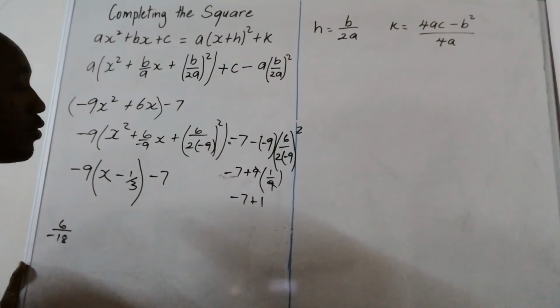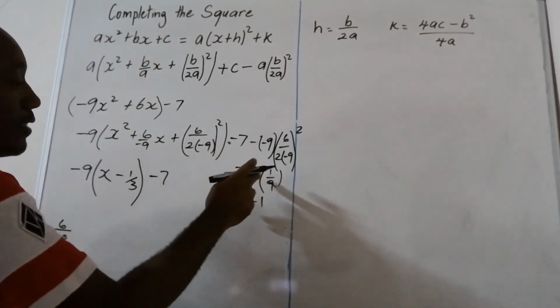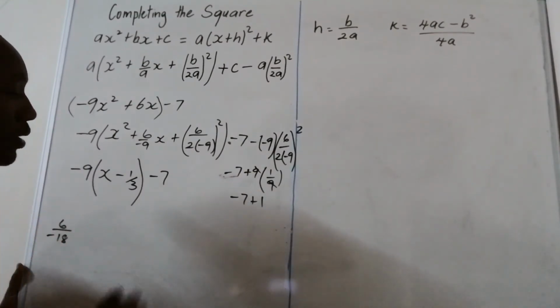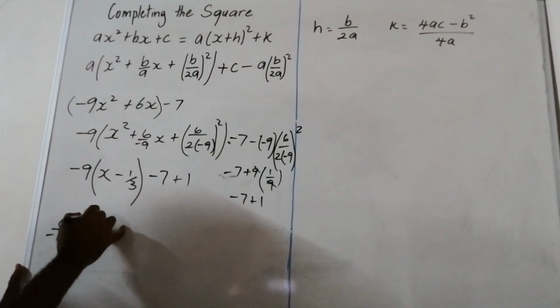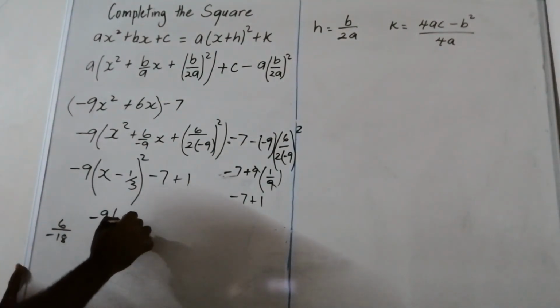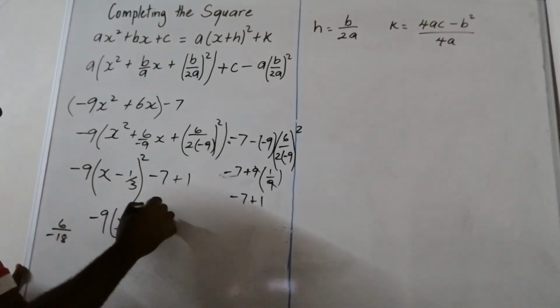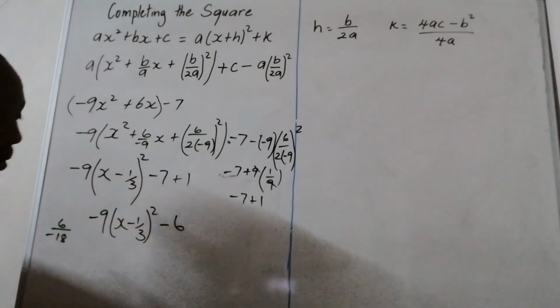We square negative 1/3 and we will get 1/9. So 9 times 1/9 will give us 1. So minus 7 plus 1, which will give us minus 9 x minus 1 over 3 all squared, take 6. So that is our answer.